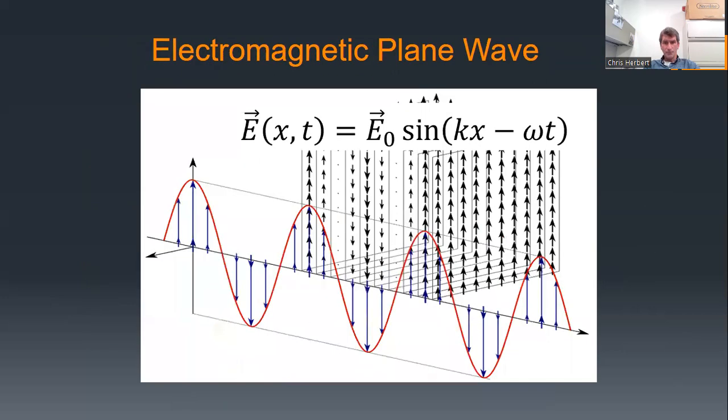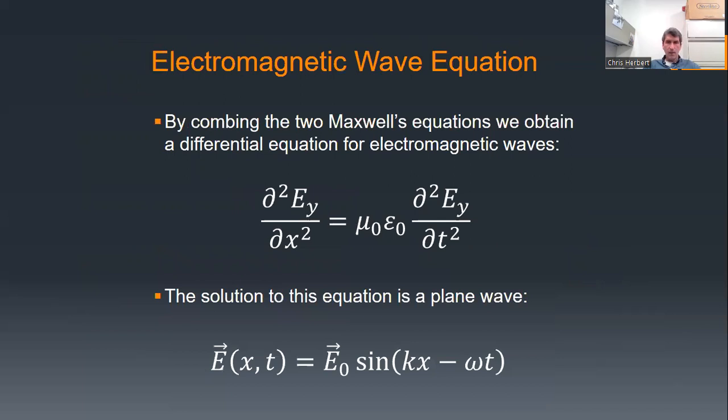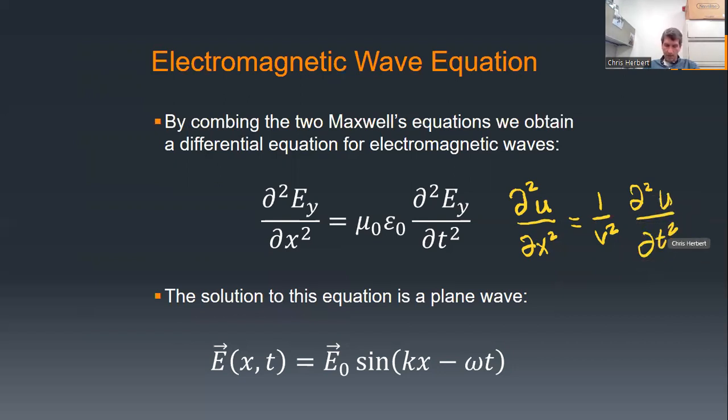This equation is for an electric field in an electromagnetic wave, but the general equation for any one-dimensional wave, what we'll call U, the wave function, we can typically write in this form: 1 over v squared, d squared u over dt squared. So this v represents the velocity of the wave.